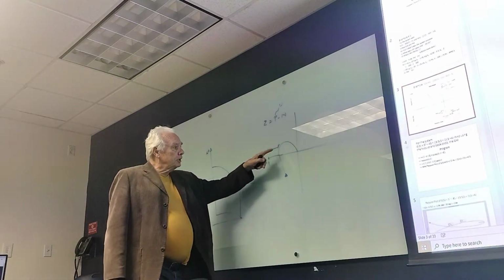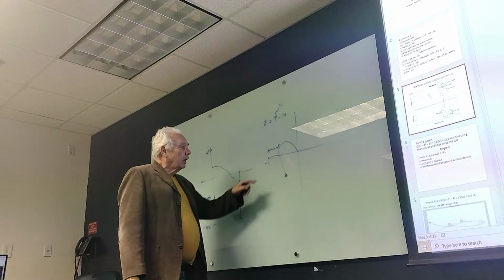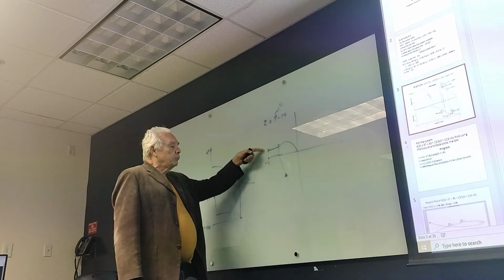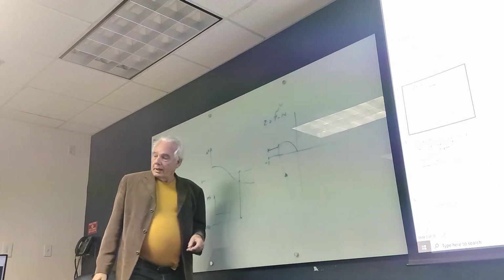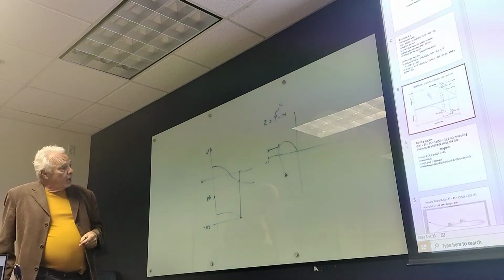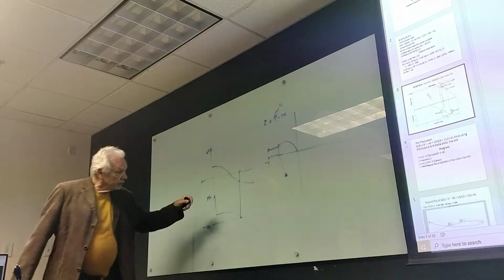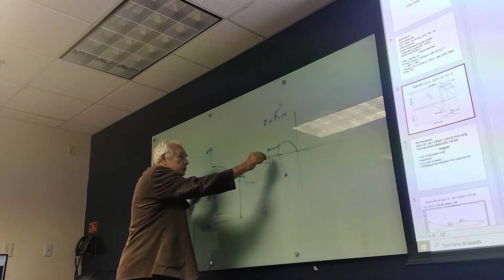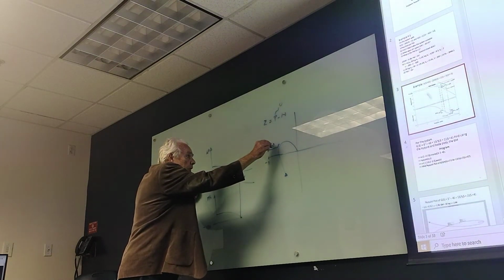N equals 0, because it does not encircle the point minus 1. And so, according to Bode, this is the gain margin, which is this in Nyquist.